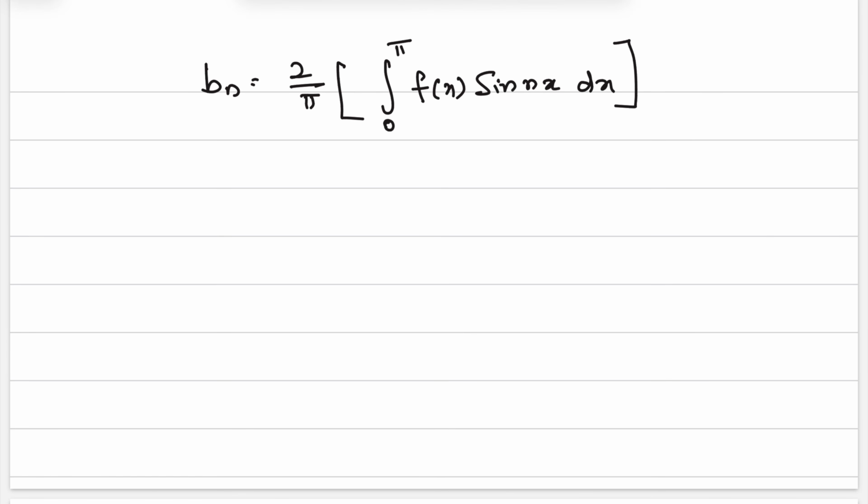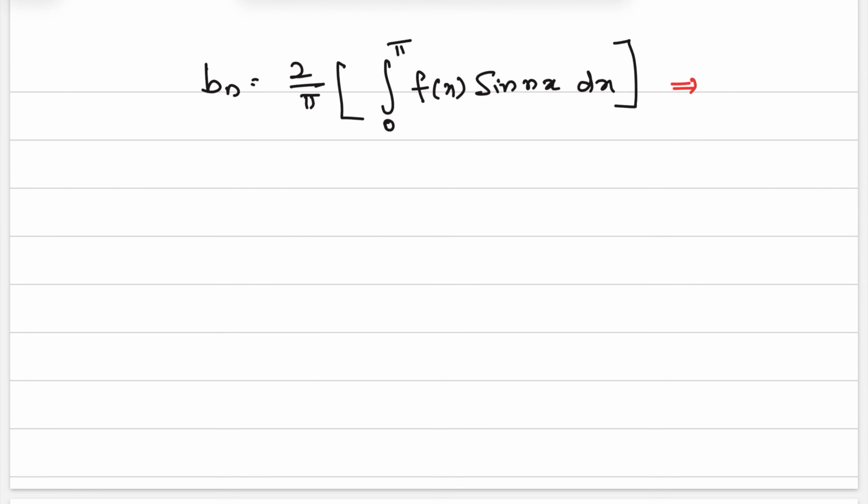You agree up to this? Now, we have to find out the values of b1, b2, b3 as we have done in the previous example. The integral of sin nx is minus cos nx by n.